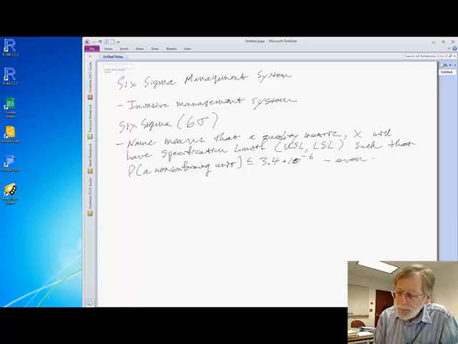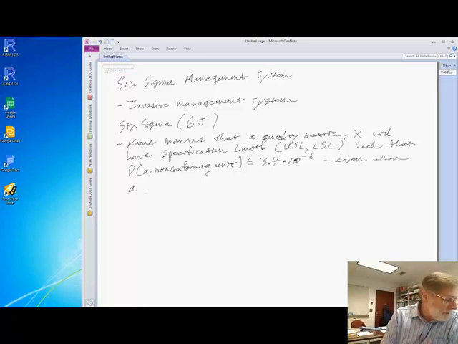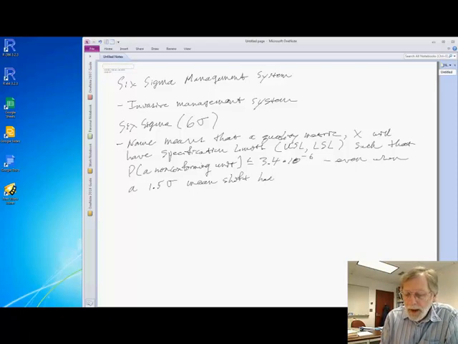Even when a 1.5 sigma mean shift has gone undetected.